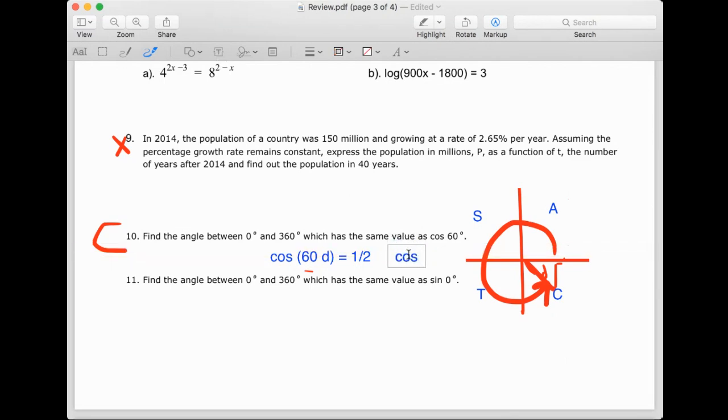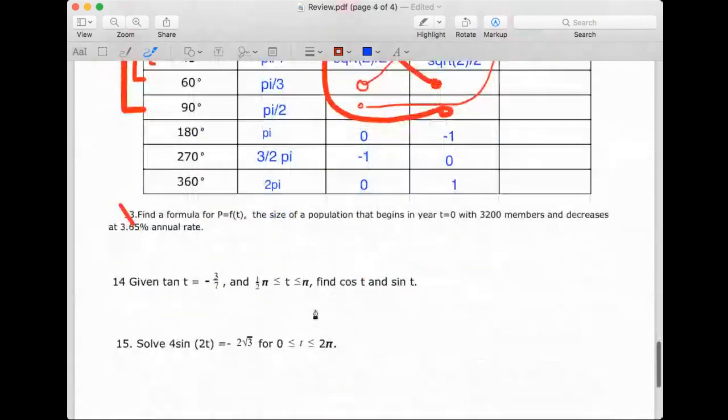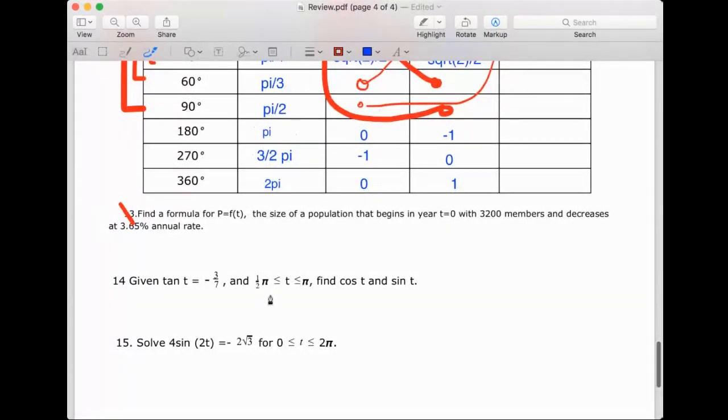So do you see cosine 300 degrees also equals half? Oh, I see. Okay, hold on a second. You're right. I did not assign you this kind of homework. I assigned you something else, this one, right? 14, 15.